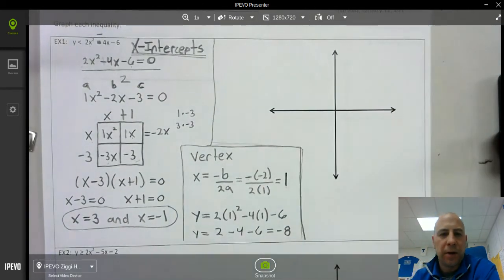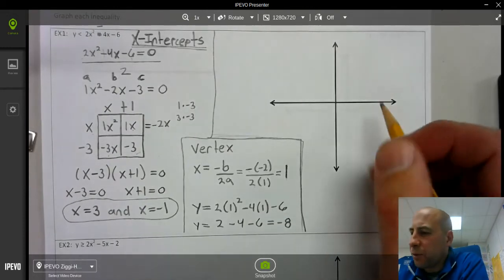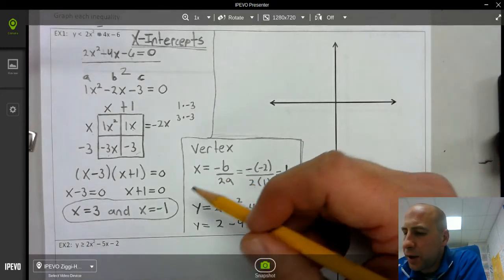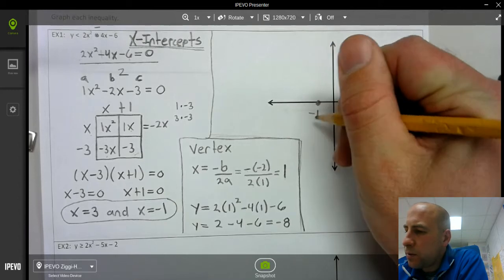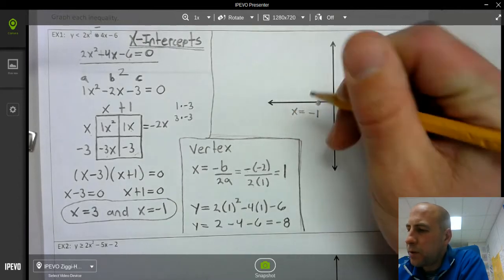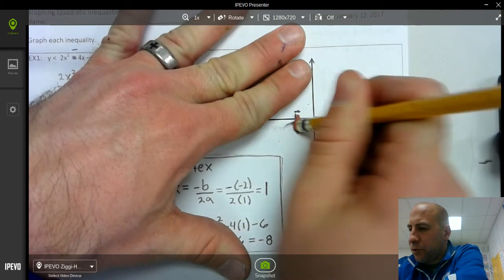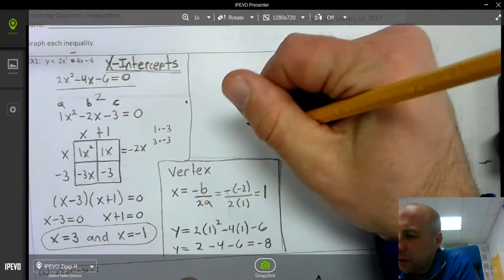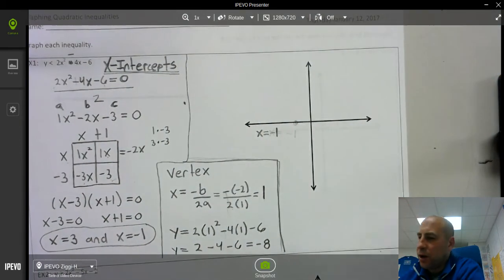All right, now that we have the X-intercepts and the vertex, looking at our steps, we're going to graph. So you just approximate where the values are. We know that -1 is here, and I just remembered when I graphed this, I'm going to actually put it a little farther to the left, and you'll see why in just a minute.